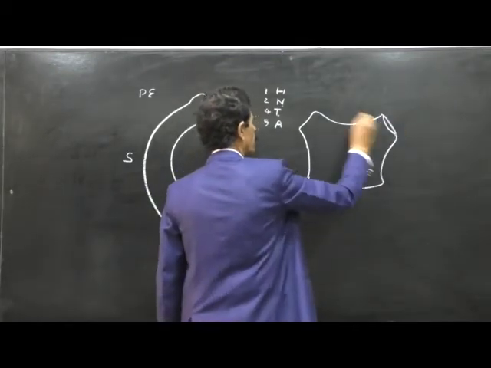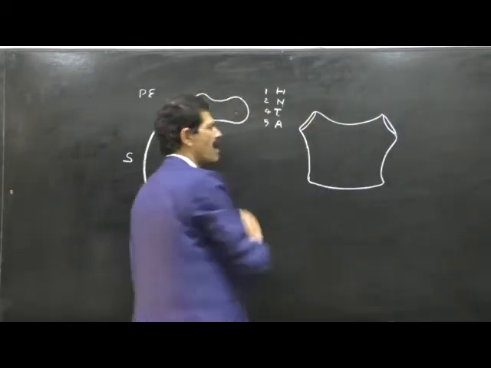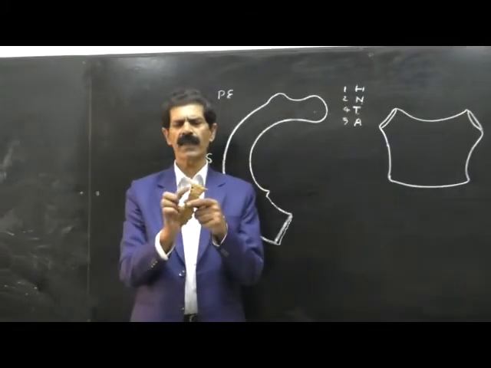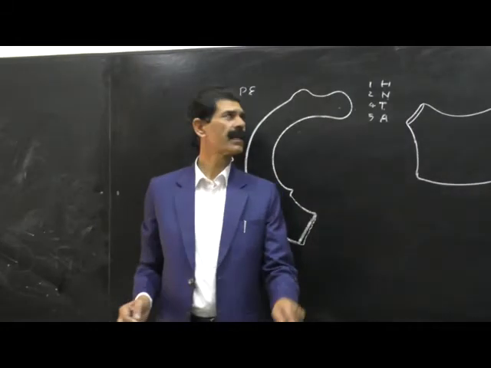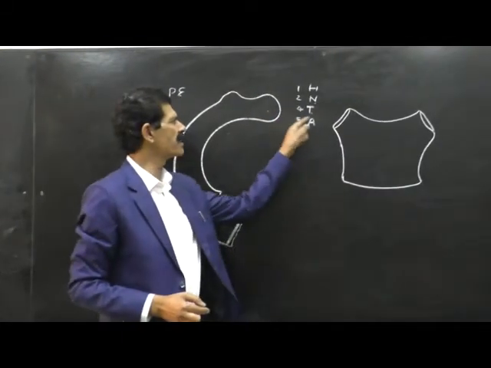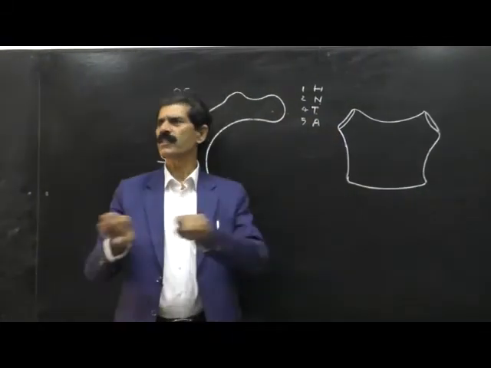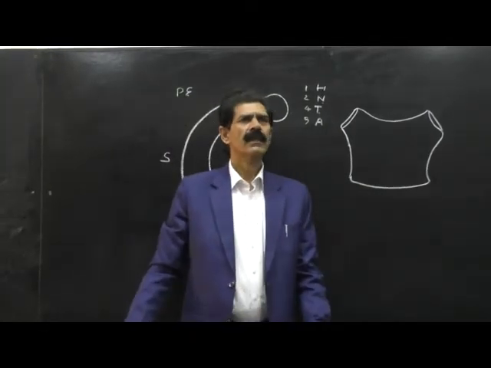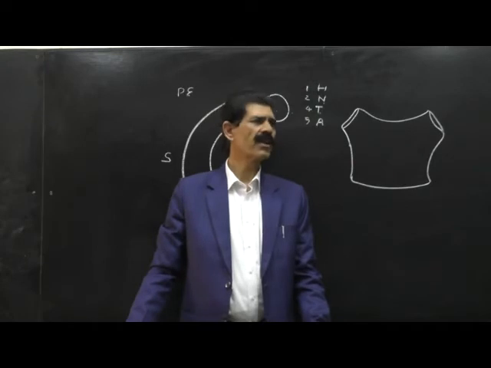So this is a smooth articular space. If you see the manubrium, on the lateral aspect there is a smooth area for the articulation. So it is convex, it is concave, so it fits very well to form the costo-manubrial joint.